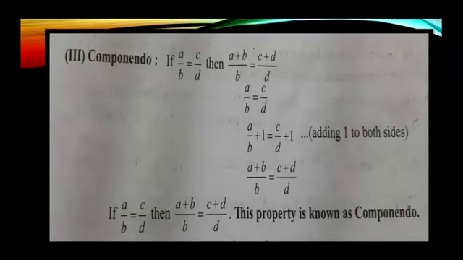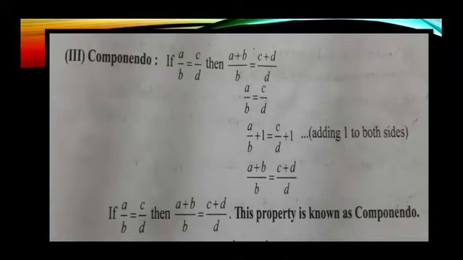We get A upon B plus 1 is equal to C upon D plus 1. Multiplying 1 by B, we get A plus B upon B, and multiplying 1 by D, we get C plus D upon D. So we get A plus B upon B is equal to C plus D upon D.